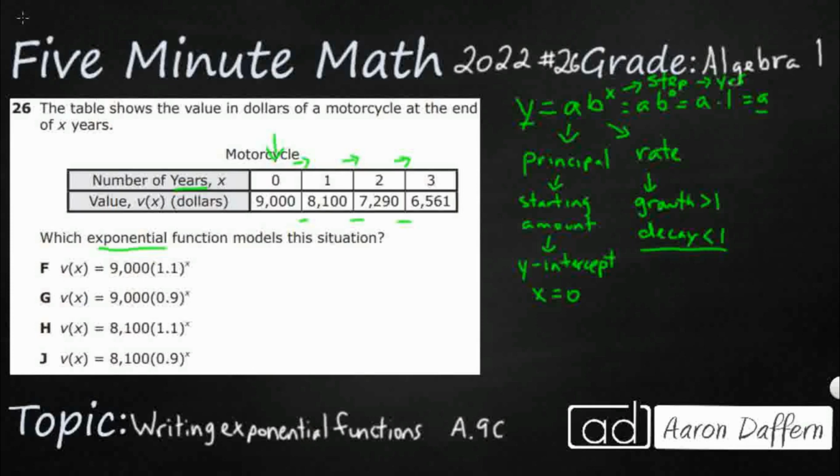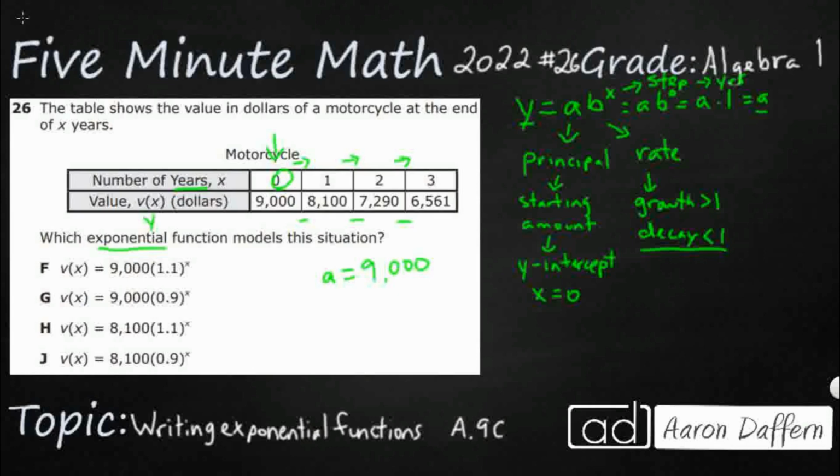So this is what I'm looking at right now. I'm looking at my principal, my starting amount: when x equals 0, then y equals a. In this case, y is going to be our v of x. So then that means a equals 9,000.